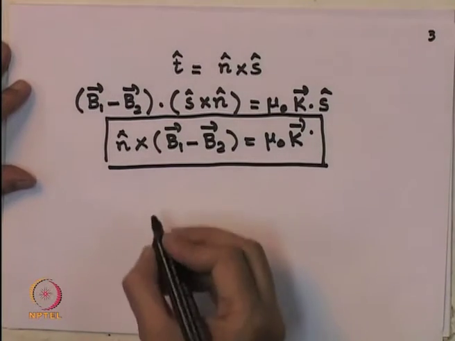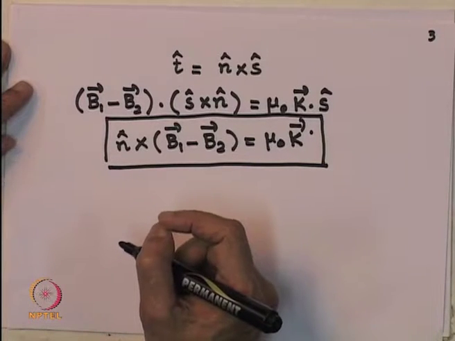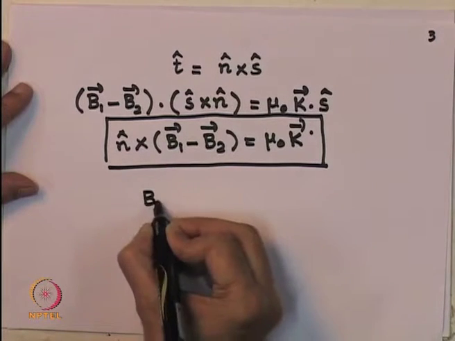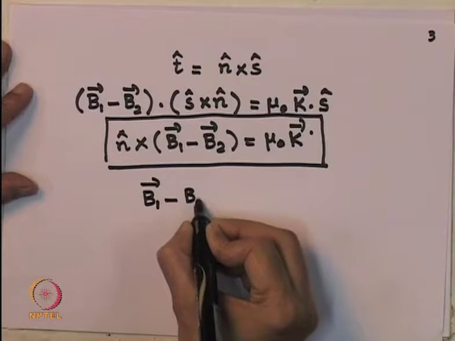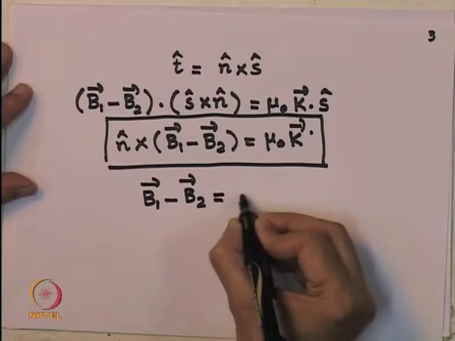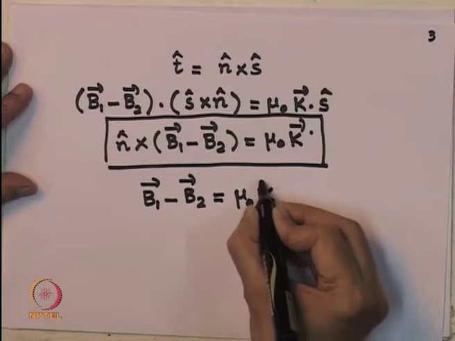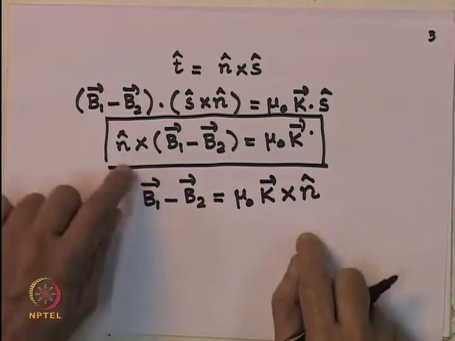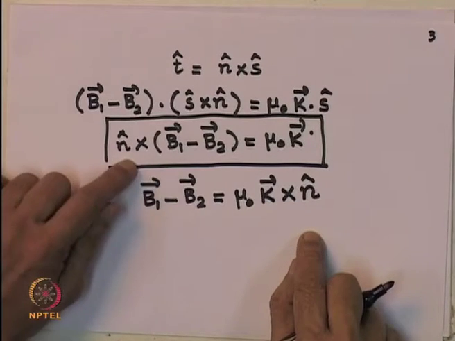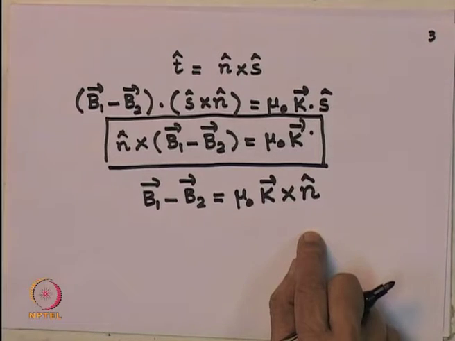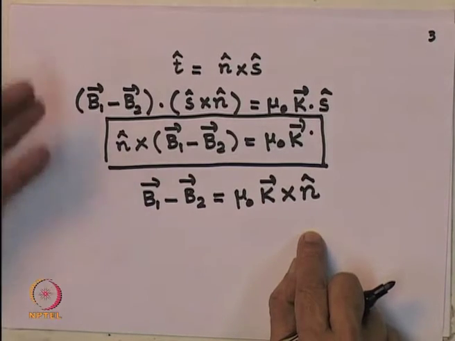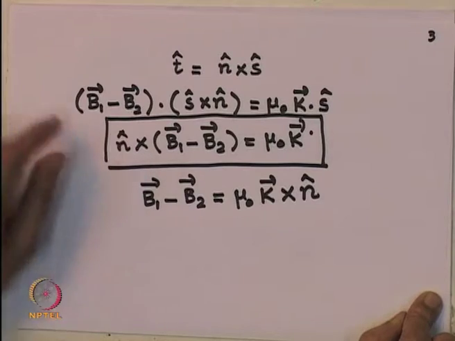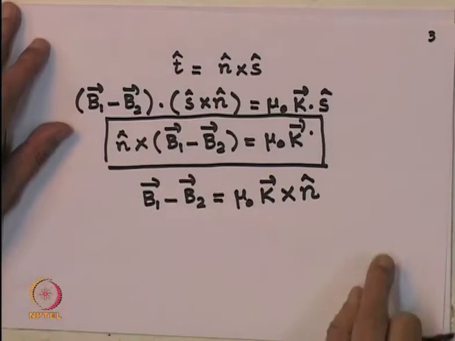I can rewrite this, since I already know that the normal component of B is continuous. I can write this as B 1 minus B 2 is equal to mu 0 K cross N. This is simply obtained by trivial algebra, because when you do A cross B cross C, you get B times A dot C minus C times A dot B, and I know that N dot N is equal to 1, but N dot S and N dot T become equal to 0.